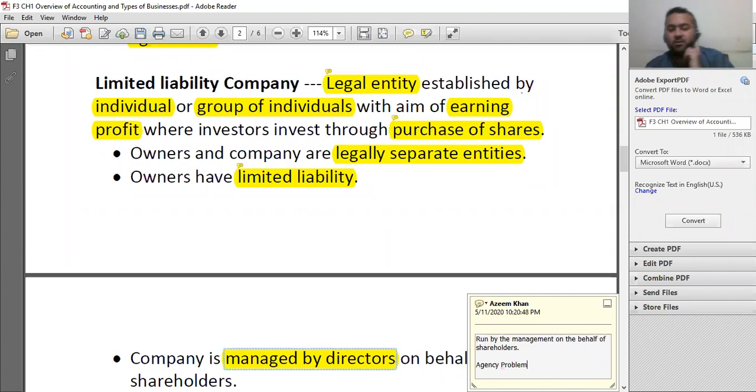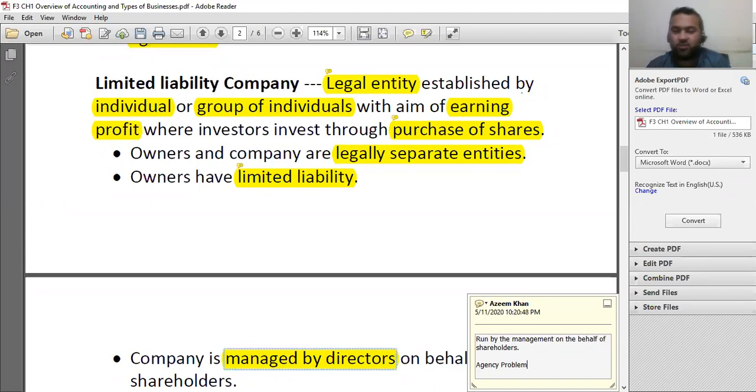Now look, if someone is acting on behalf of another one, that person is acting as an agent. For example, if you are a salesperson, it means you are not the owner of the business. You are acting on behalf of the owner.